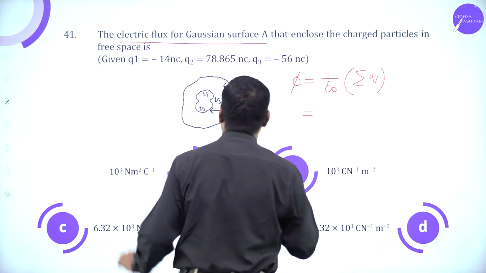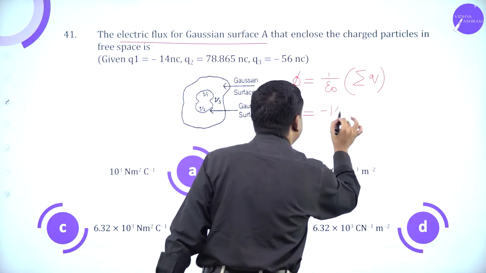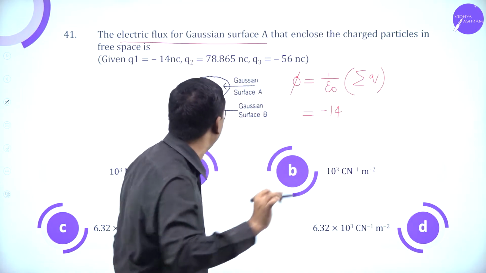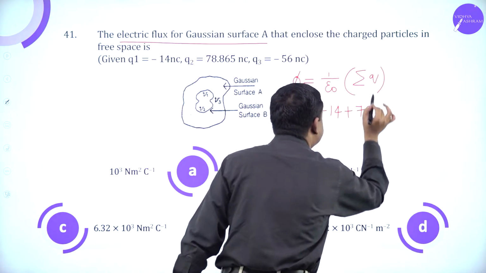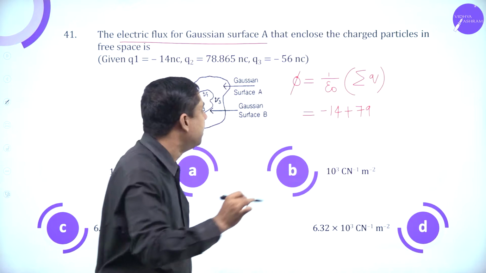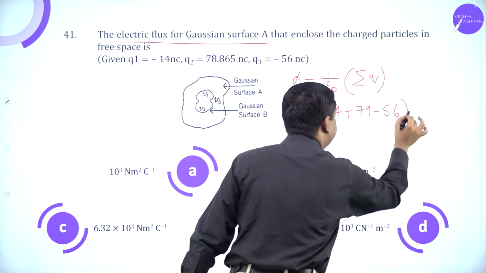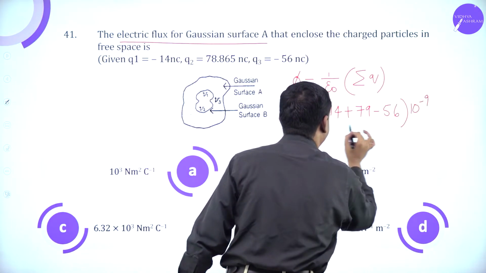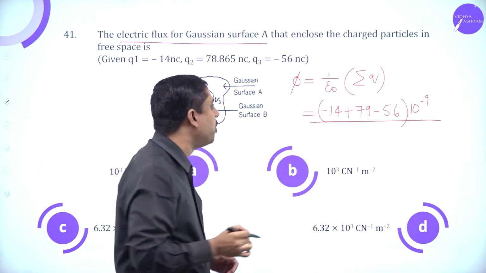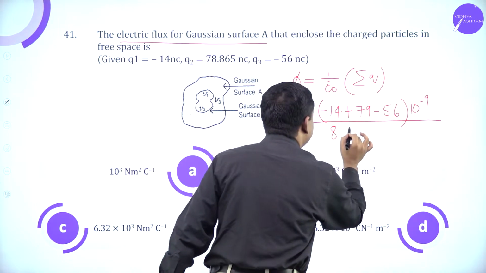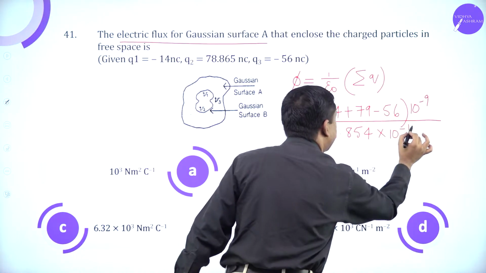So this is total charges: Q1, minus 14 nanocoulomb, plus Q2, 79, minus 56. All of them in terms of nanocoulomb, divided by the value of epsilon naught, 8.854 into 10 power minus 12.